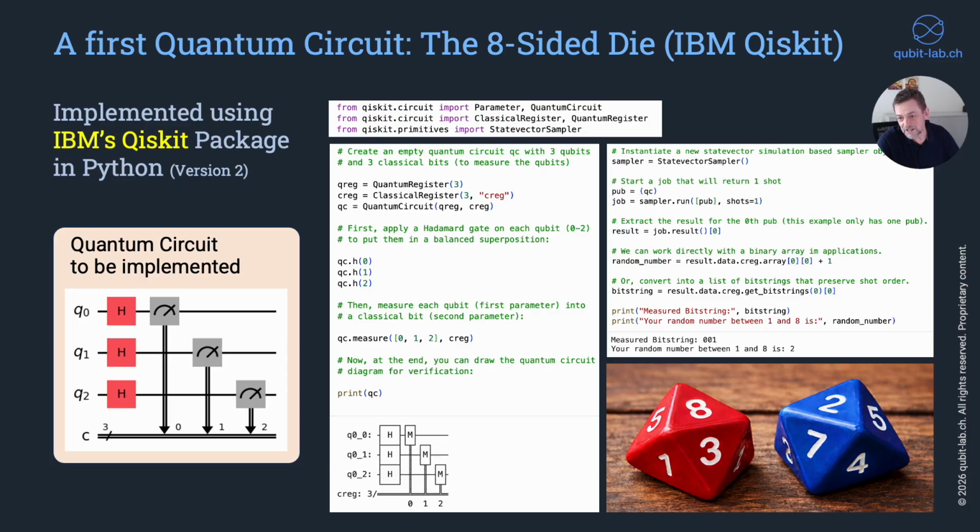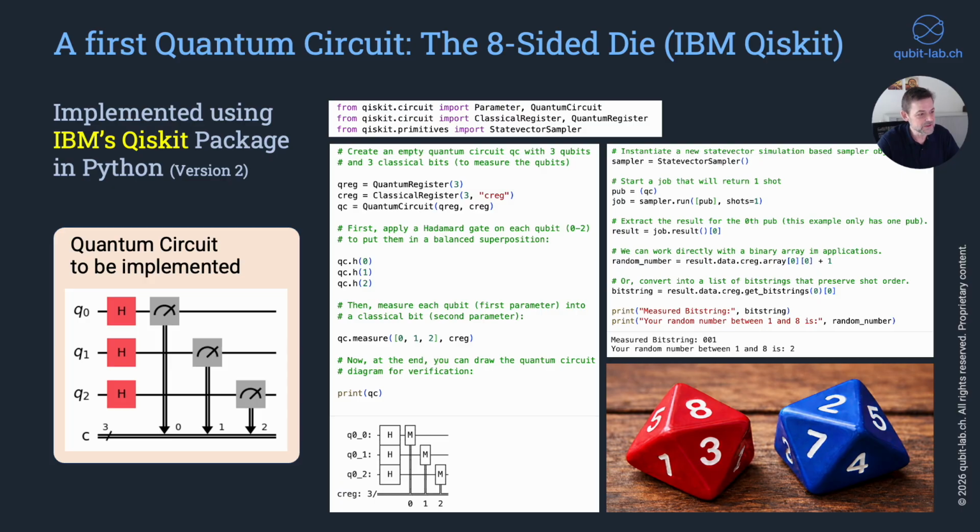And in our case here in the code, you see the measured bit string is 001, and the random number is therefore 2. You have to add 1 because the die starts with number 1, not 0. And there we are. So this is the first quantum code you executed or you prepared.